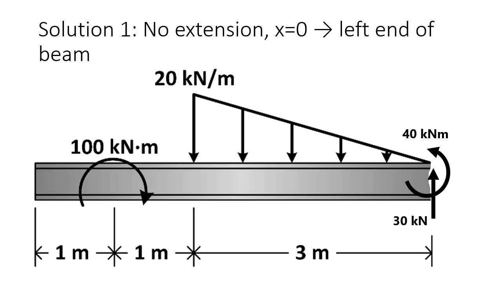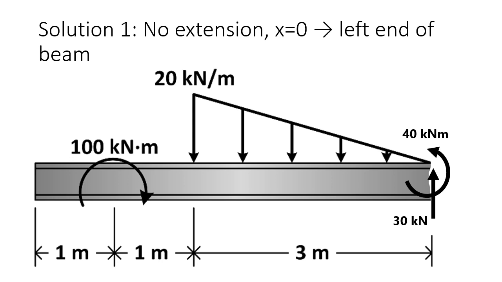We have to note that you could actually solve this problem by not extending the distributed loading because the distributed loading extends up to the rightmost end of the beam already.